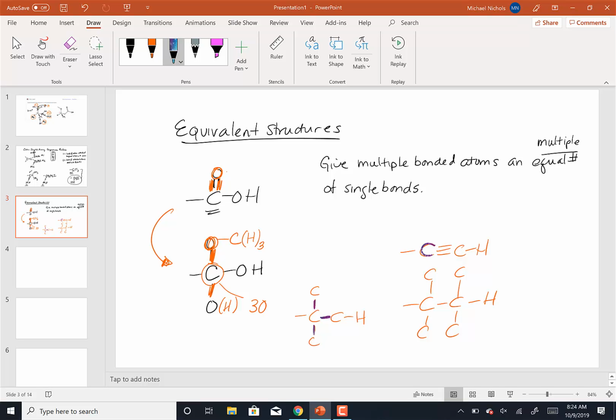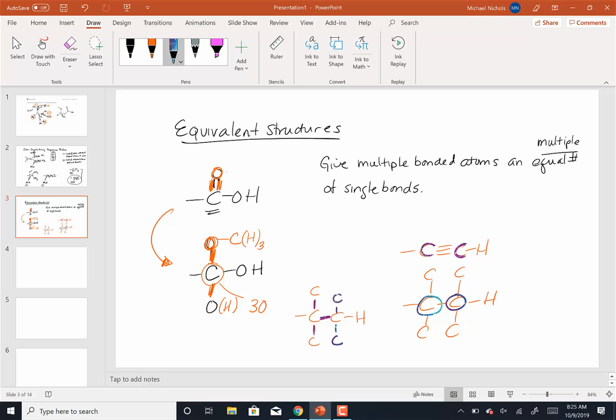Then the other carbon I'm looking at is this one. And that carbon needs 3 single bonds as well. Single bond number 1, single bond number 2, single bond number 3. So it's these 2 carbons that get the other 2 carbons each.